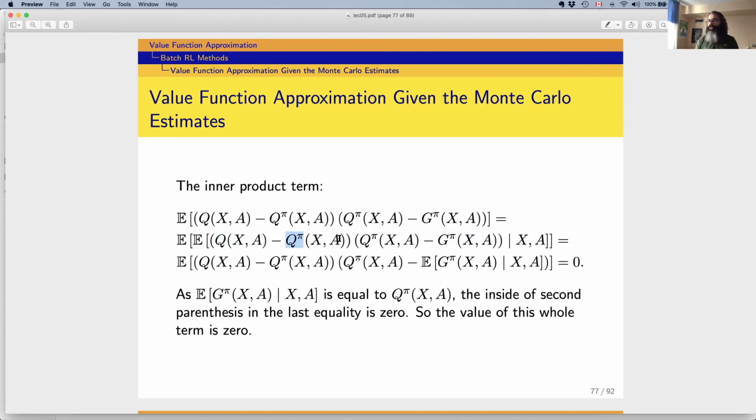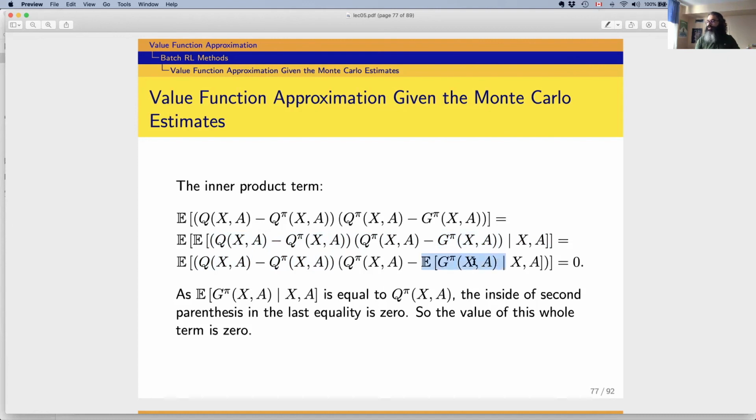There is a property of conditional expectation that if something is not random, it can come out of the conditional expectation. So this term comes out of the expectation. For the second term, we can make the same argument: Q^pi is not random conditional on x and a, but G^pi is random conditional on x and a.